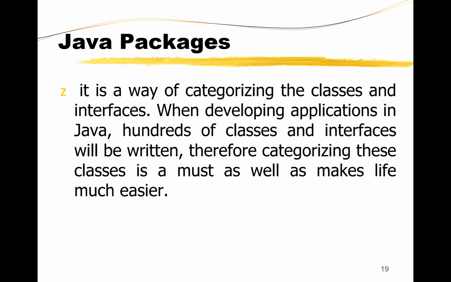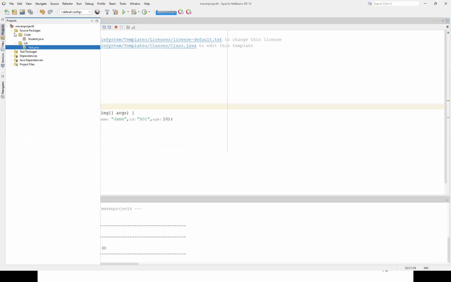When you are developing projects, you may end up having hundreds of classes, and because you can reuse classes again and again, it's better to categorize them. For example, I can have user interfaces and GUIs in one package, and the database connections inside another package. That is how you can handle packages.